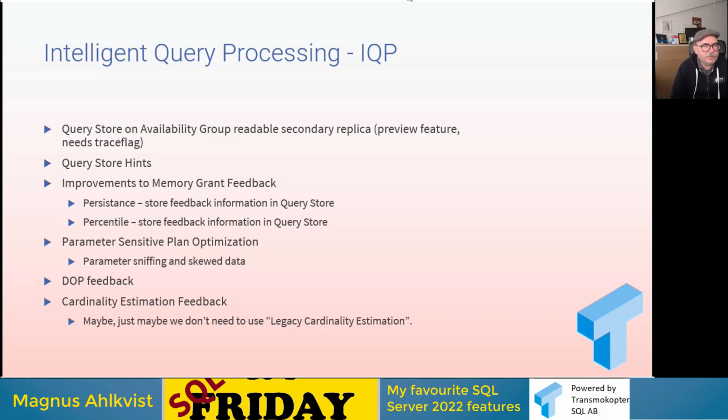So, next cool thing is query store hints, which we get in query store. You are able to add query hints to a query. It's super useful if you have a third-party system. You're not allowed to change the source code.